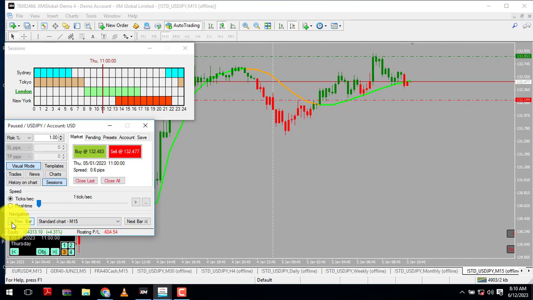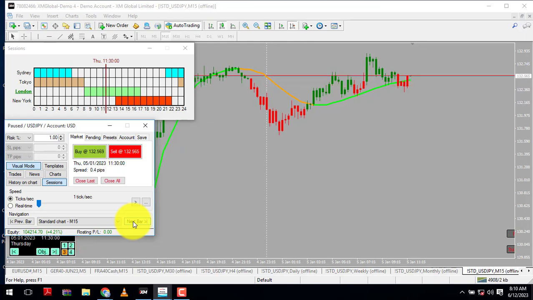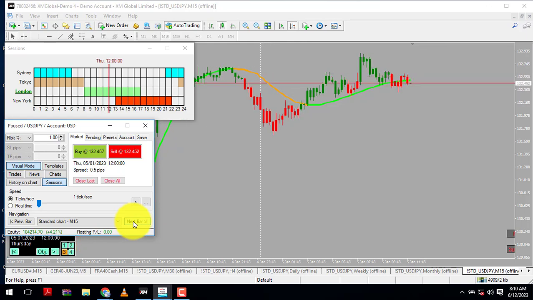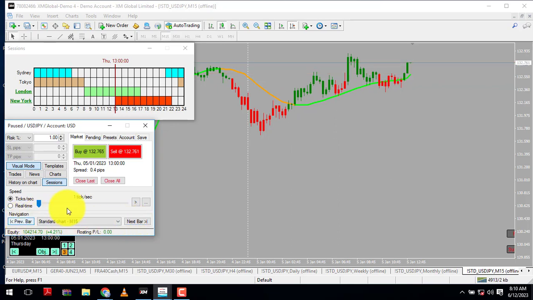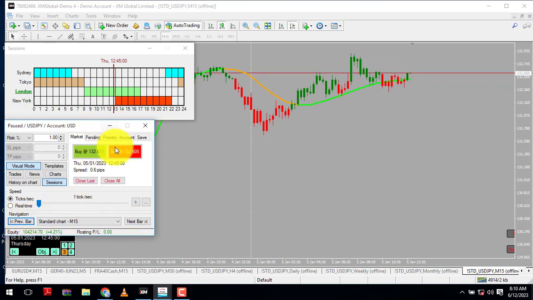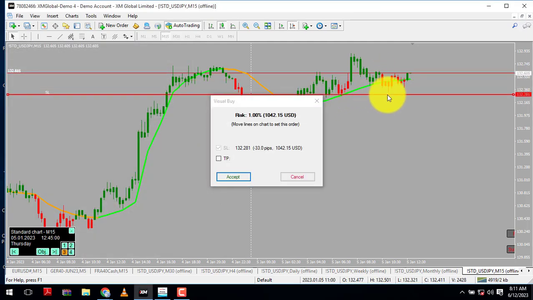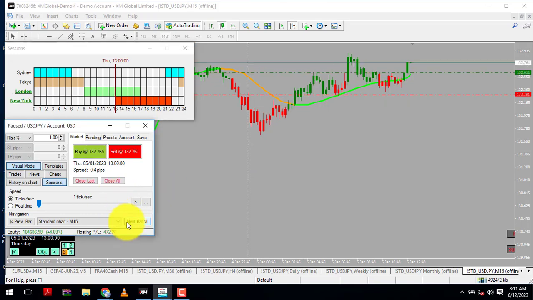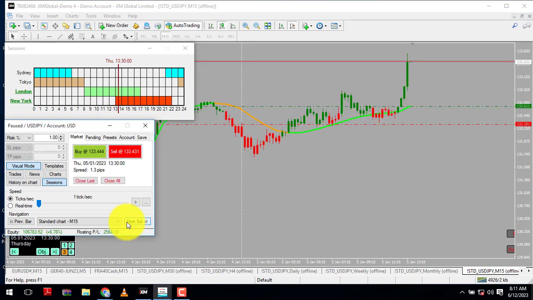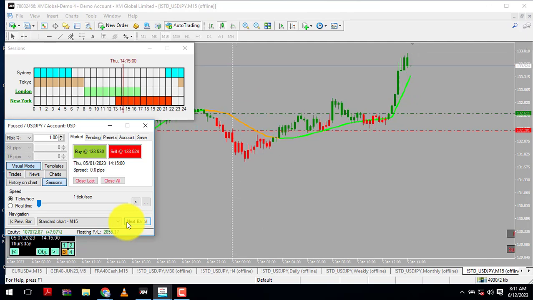And on that candle I go to close that trade and wait for the next signal, and I have my signal from there. I buy, place my stop below structure and wait and let the market do its thing.